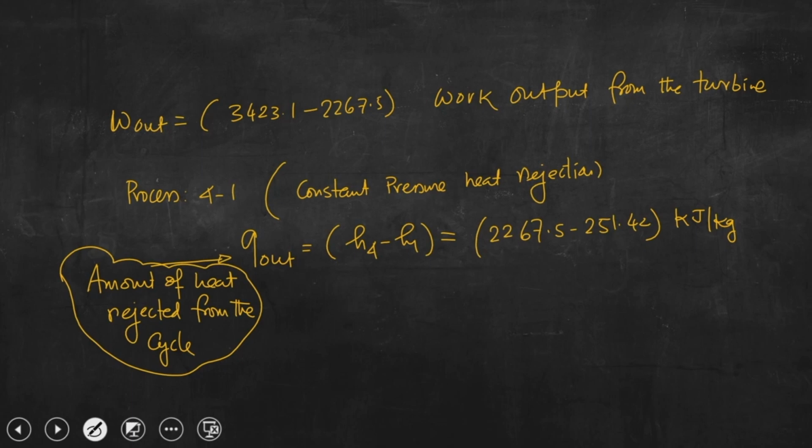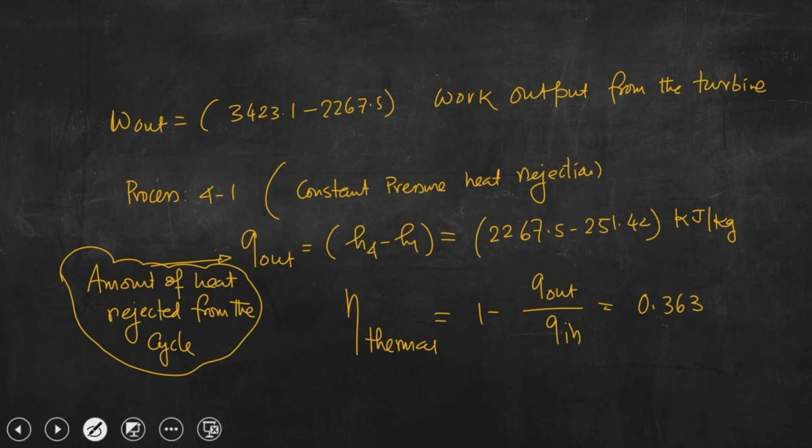Now, finally, which is very important, that is thermal efficiency. Eta thermal, if we assume that all the processes are internally reversible, is nothing but 1 minus q out by q in. You can check, and if you plug in the values, the answer will be 0.363, that is 36.3%.